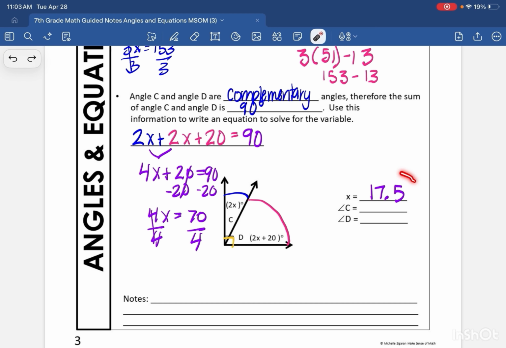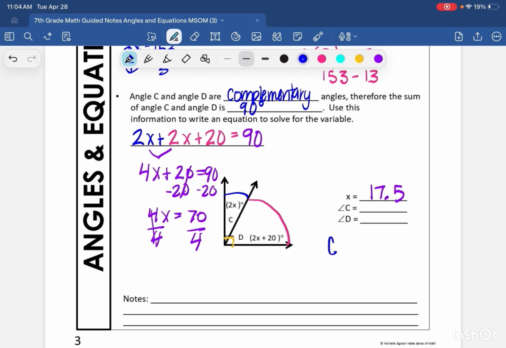Now when I know what x is, I can take that information and substitute it in. So I have C equals 2x, which is the same as 2 times 17.5, which is 35. So C must be 35. Again, I can do this two ways. Now that I know C is 35, I can go 90 minus 35, or also use this expression to substitute it in. I'm going to do it both ways to check my work.